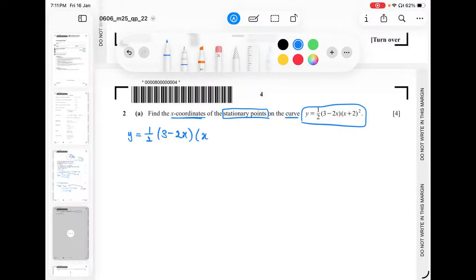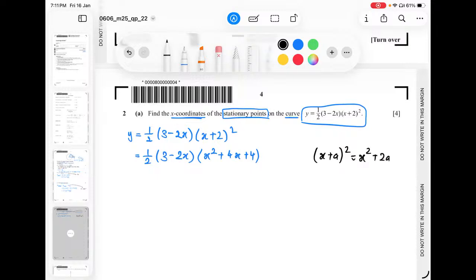So let's expand x plus 2 squared. First we have half times 3 minus 2x. This is going to be x squared plus 4x plus 4. So x plus a squared will give you x squared plus 2ax plus a squared.